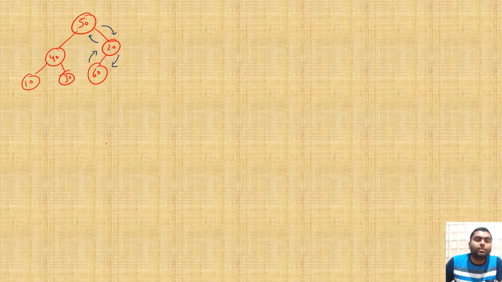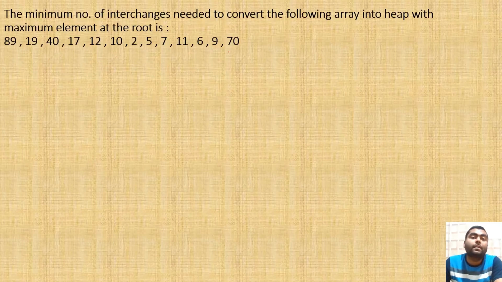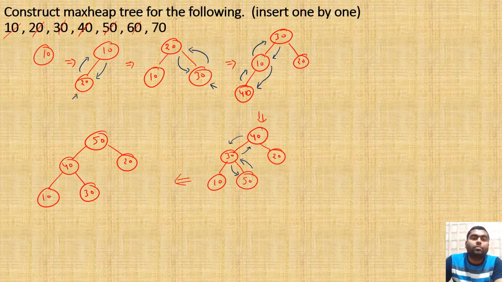So the resulting tree is a max heap. 60 will be at the root. Left is what? Left is 40, and its left and right are 10 and 30. No change, 10 and 30. And the right side is 50, and left of that is what? 20.